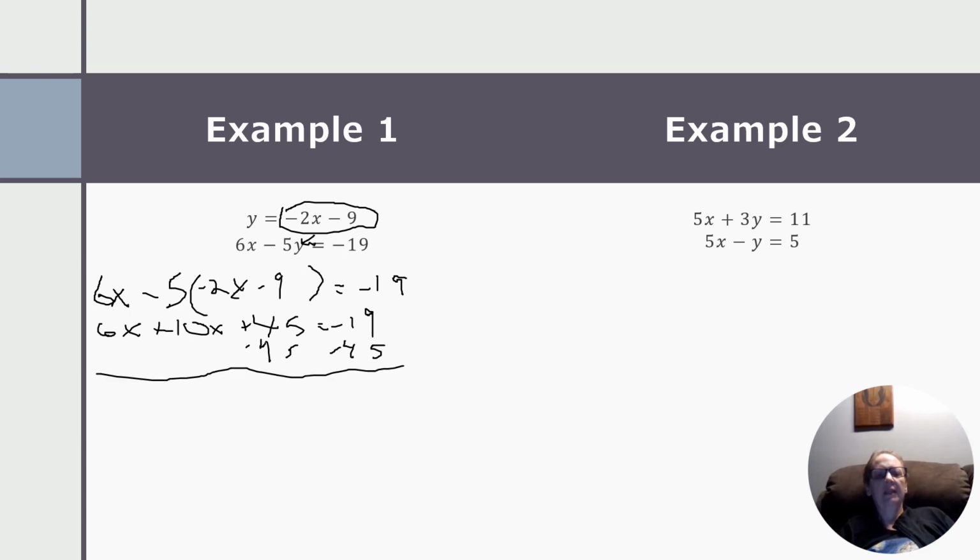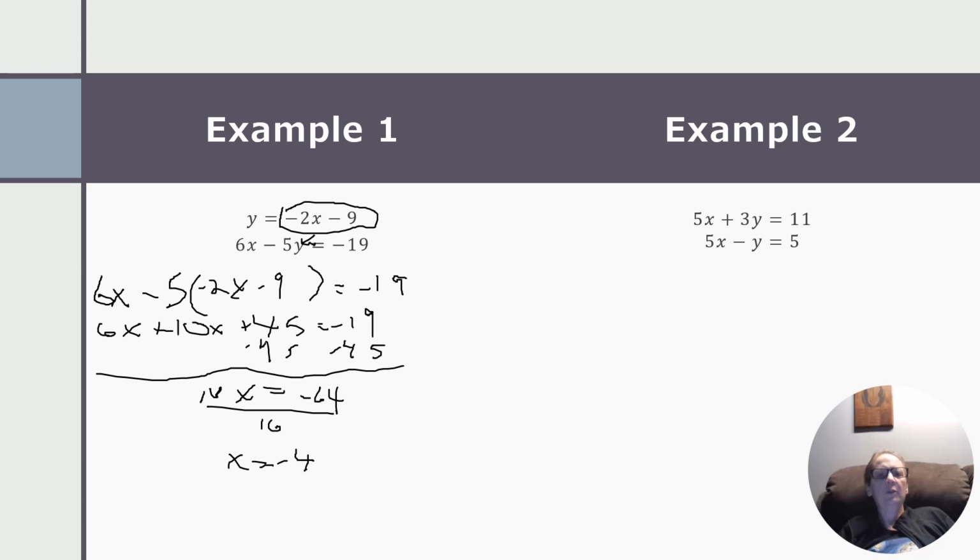So 6 and 10 is 16. And 45 and 19, both negative, add to negative 64. And then we'll divide everything by 16. So 64 divided by 16. The answer is going to be negative, so x is negative 4.